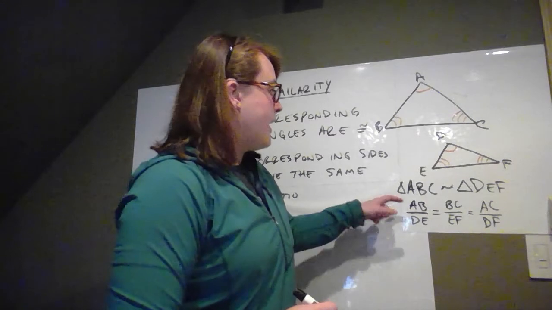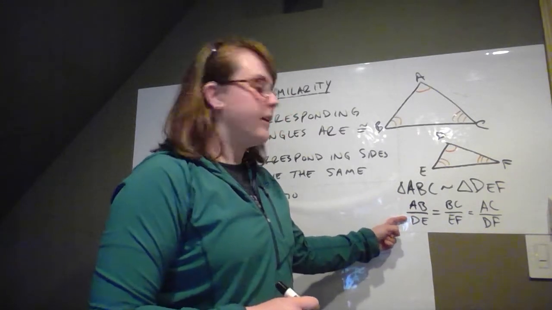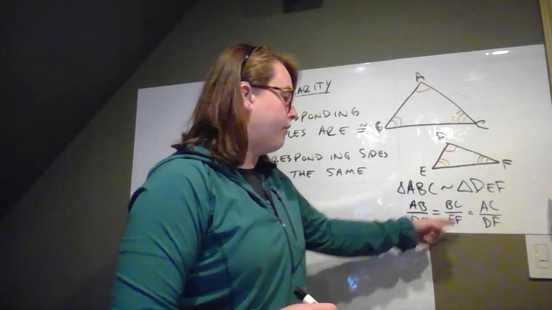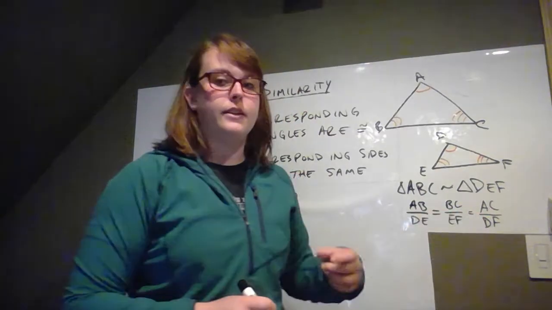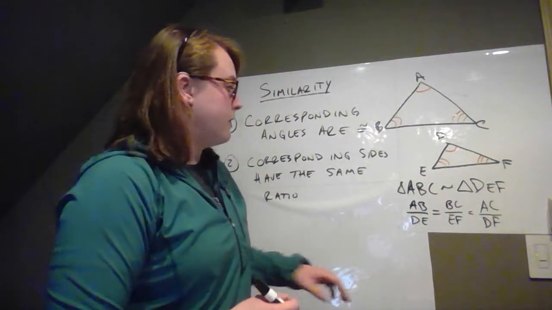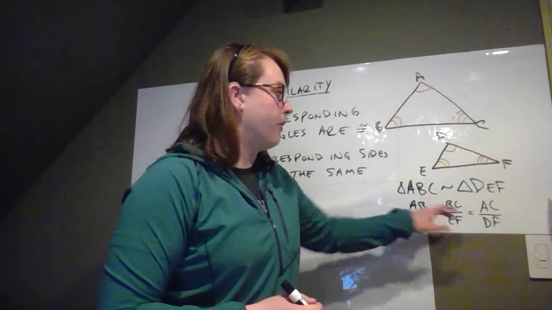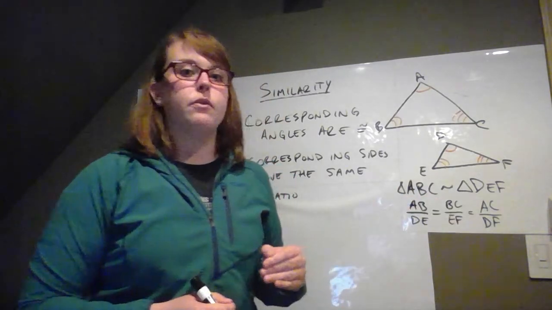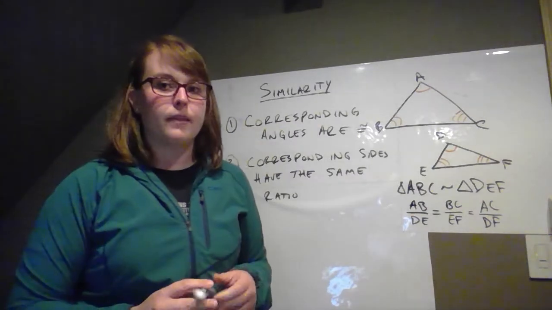So instead of AB being congruent to DE and BC being congruent to EF and AC being congruent to DF, like we would if the two triangles were congruent, when they're similar, if I put them in ratio with one another, all of those ratios must be equal in order for them to be similar.